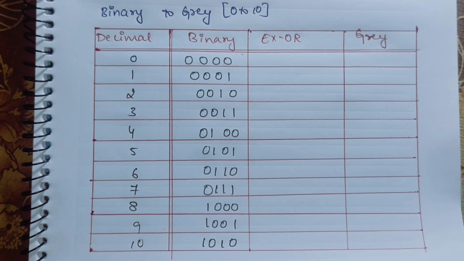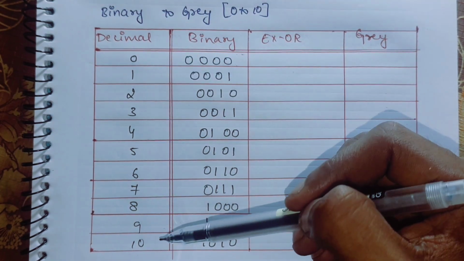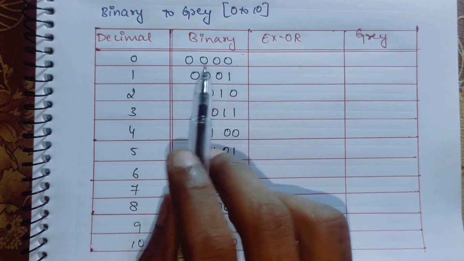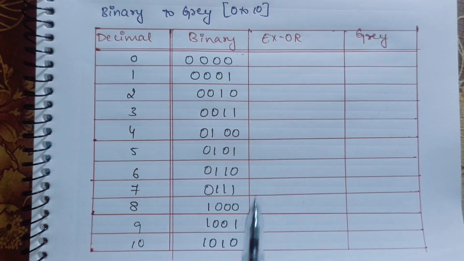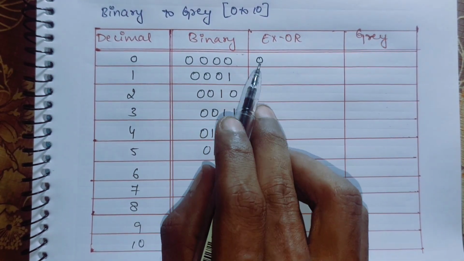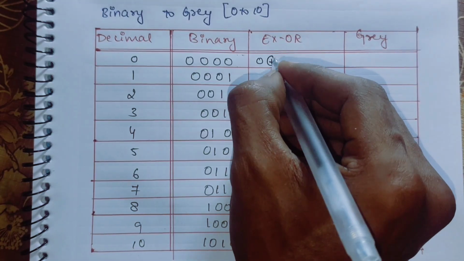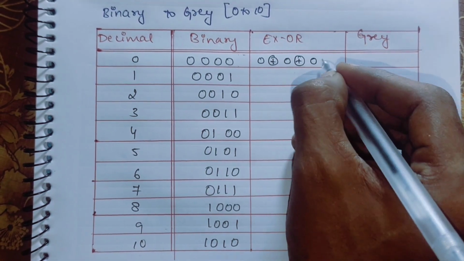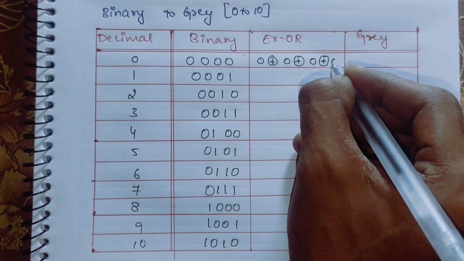So let's see how the values from 0 to 10 will look when we convert from binary to gray. Here we have the decimal numbers from 0 to 10 and the corresponding binary values. We need to perform the XOR operation for all these binary values. First, we write the initial value as it is, then XOR the first digit with the second, the second with the third, and so on.